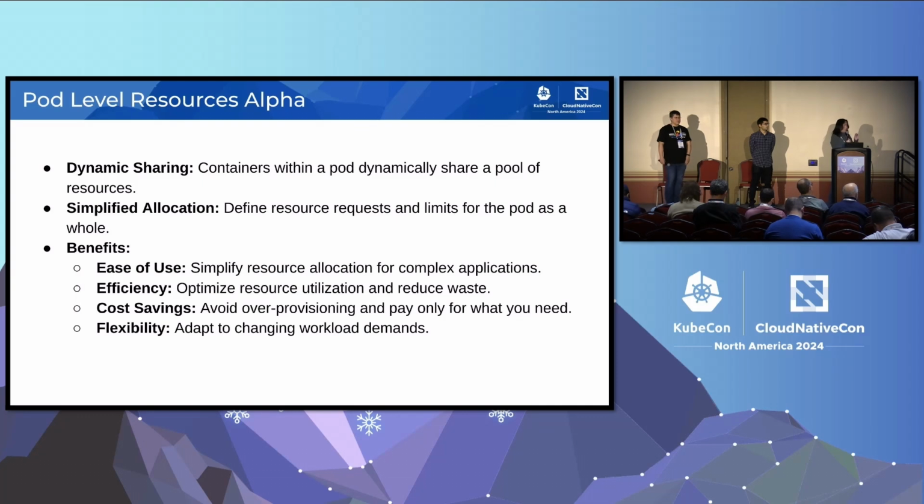So this feature basically allows you, instead of defining and assigning resource requirements to each individual container, to define resource requests and limits for the pod as a whole, right? This simplifies resource allocation and gets rid of the complexity of calculating resource requirements for individual containers.